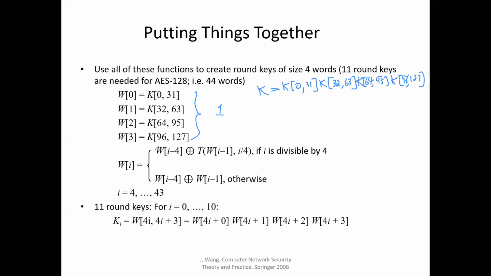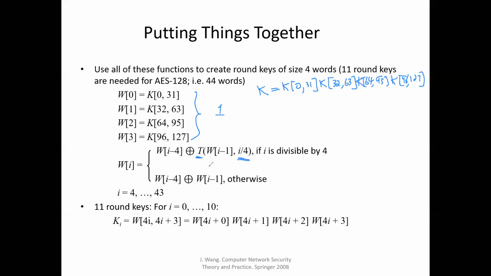So this is how it is defined. Wi is equal to Wi minus 4 exclusive OR this function T if i is divisible by 4, and this is where it is used, with i divided by 4.